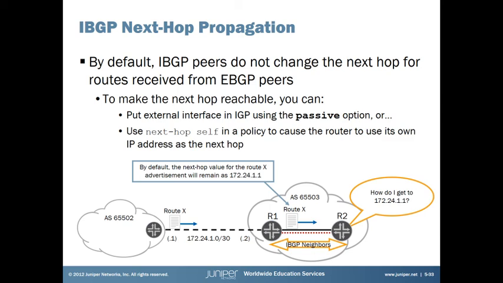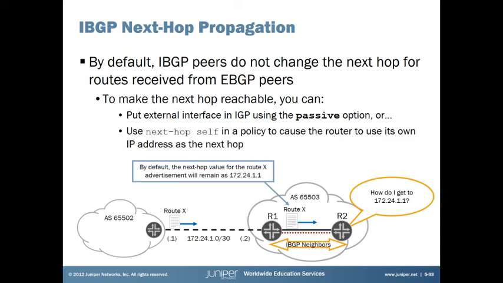The other way of doing it is to use routing policy and make R1 update the next hop information when it re-advertises the route to R2. There is a next hop self statement that we can create in a policy to update that next hop information as the route is re-advertised. Remember what routing policy does?